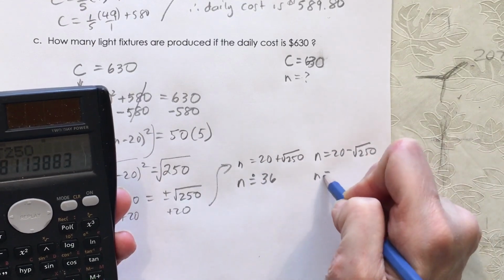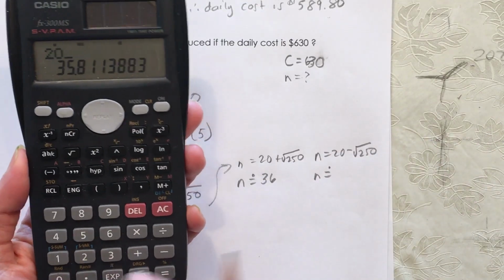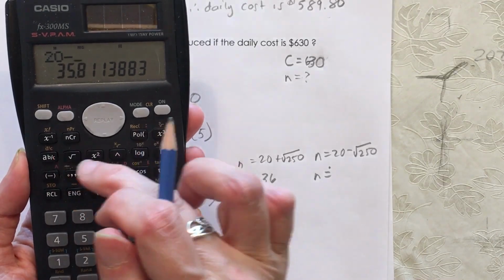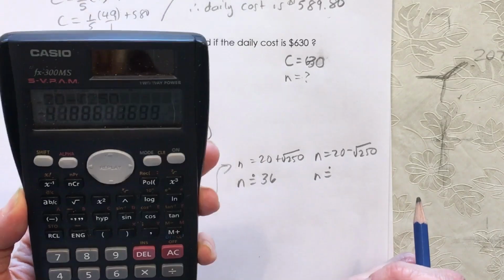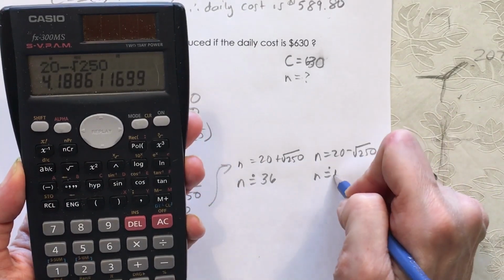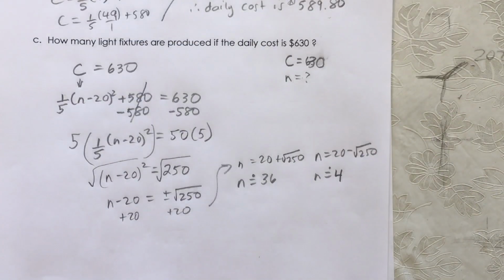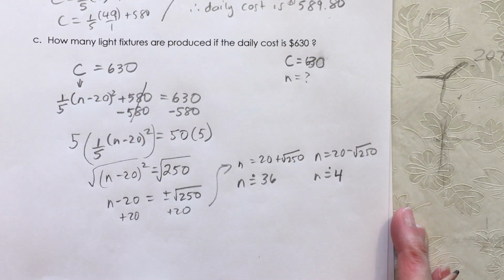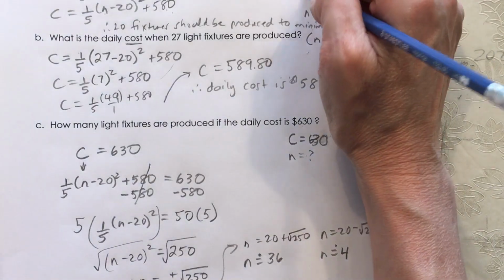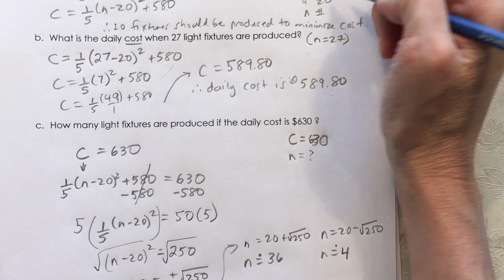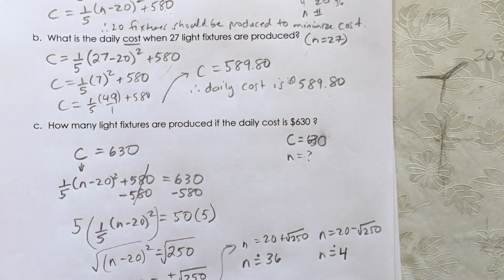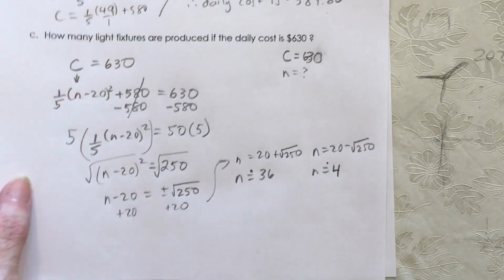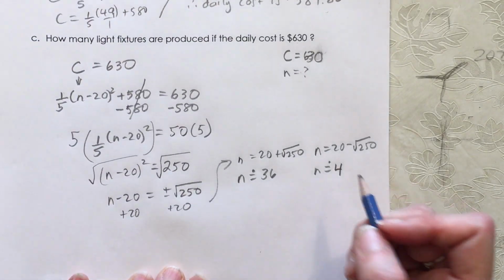And then this one, 20 minus the square root of 250, is 4.1, so approximately 4. And so what that means is that this is 4 and this is 36. Okay, so it makes sense to have two possibilities.